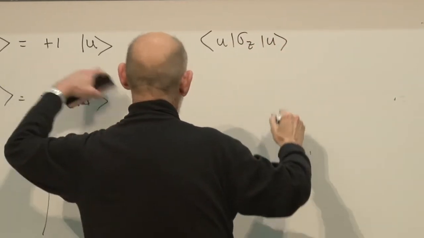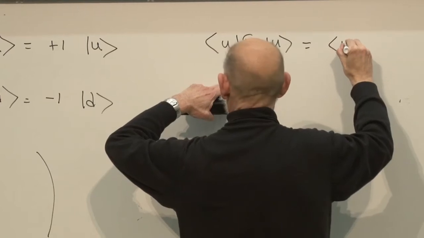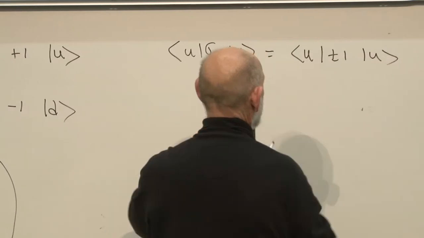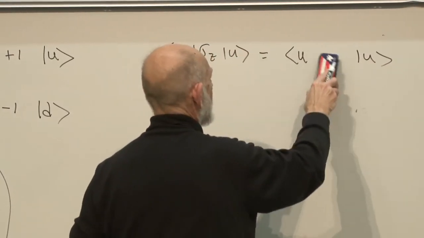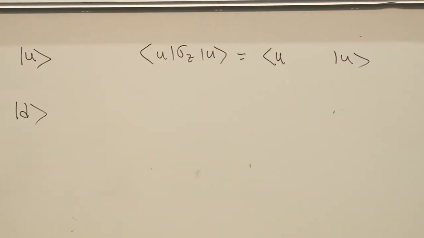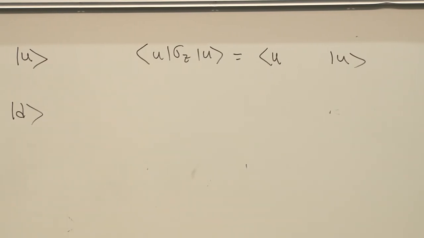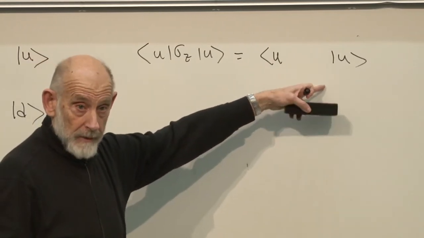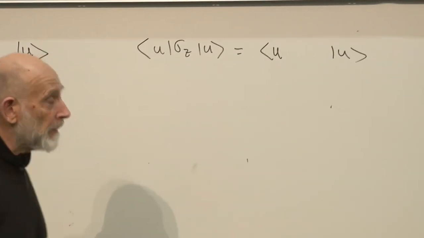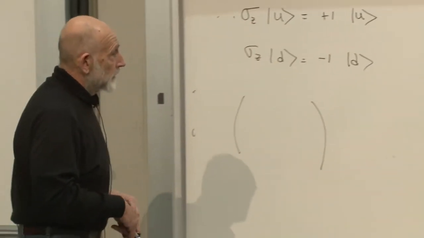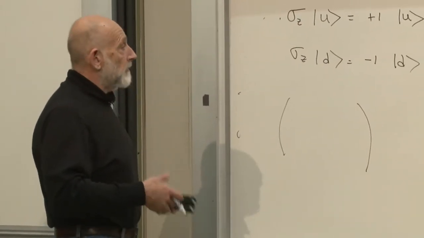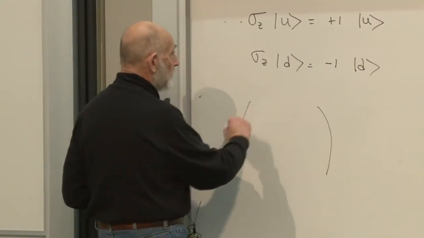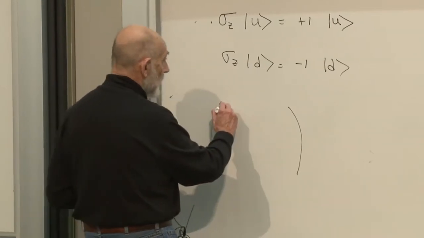Sigma z acts to the right to give us +1, which is just 1, times up. Just the inner product of up with itself. And since up is a basis vector, it's normalized and this is just equal to 1. It's positive, it's real, and it's just plain 1. So in the up, up, or the 1, 1 place, it's just 1.